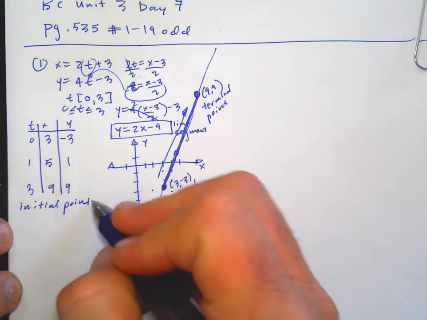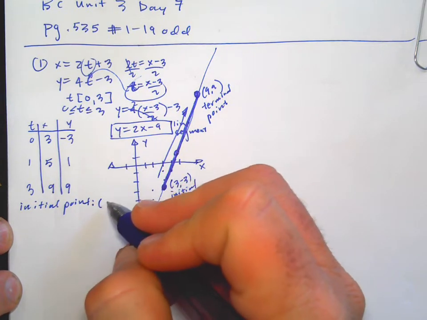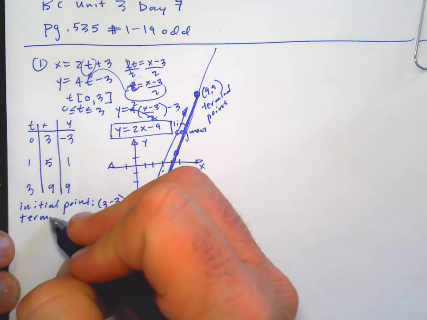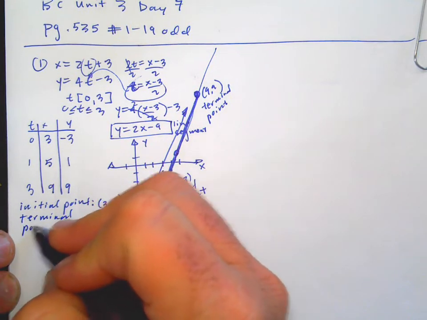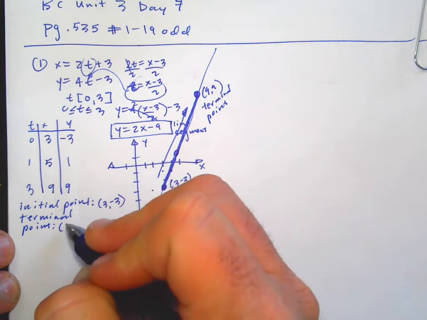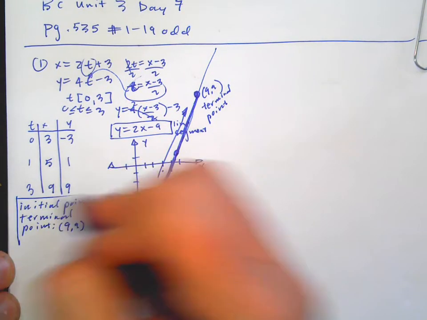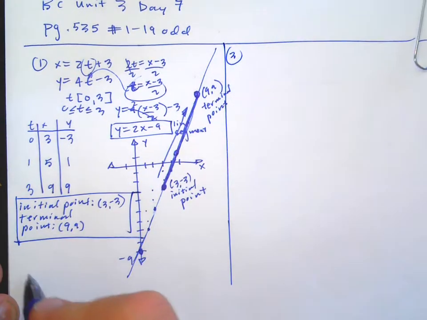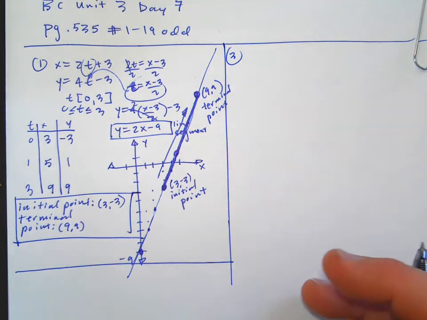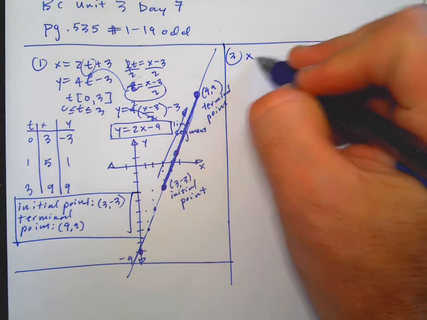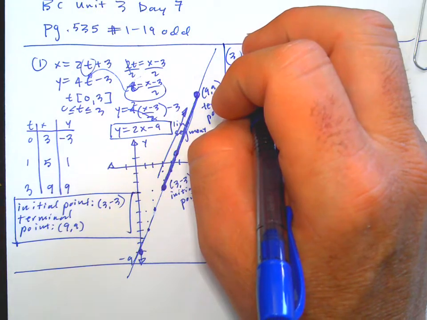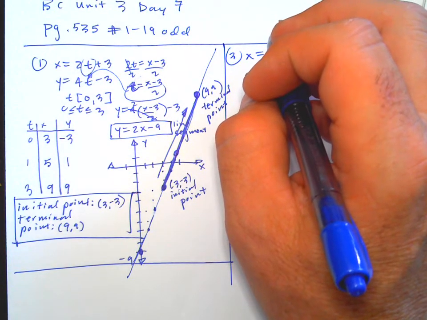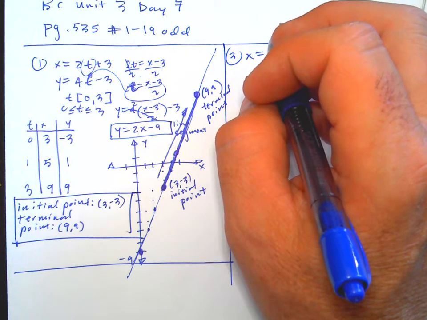So (3, negative 3) to (9, 9). All right. Now it does say find an equation that relates x and y directly, which defines y as a function of x. Sketch the curve, and we're going to identify this.